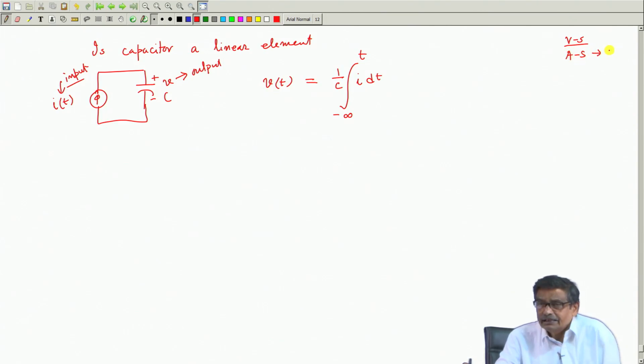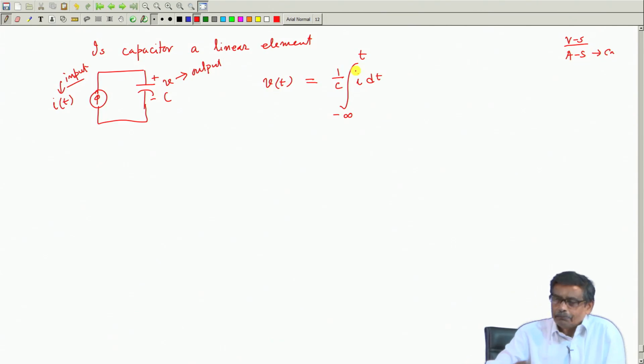Ampere into second is nothing but coulomb, so it has a physical significance. Similarly, volt-second can be shown to be equal to the flux linkage, those things we will see, but I dt is the one you have to spend to establish voltage across the capacitor plate.